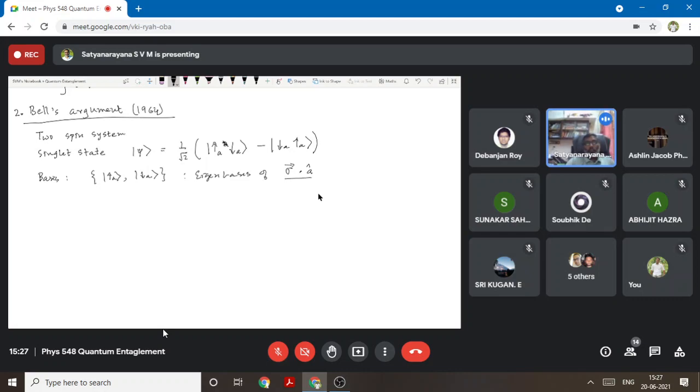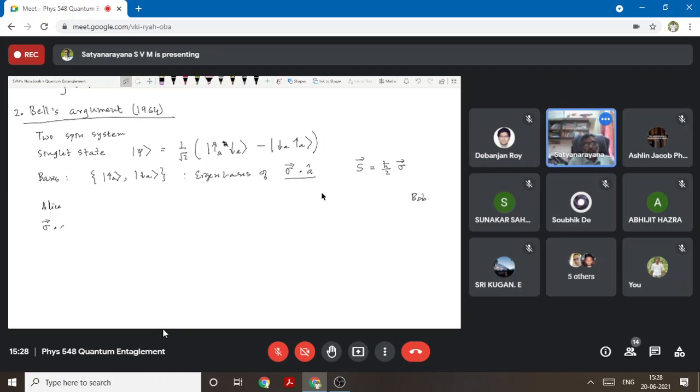I will use sigma, and the connection between S and sigma is S equals H cross by 2 times sigma, so that when you make a measurement, the results are going to be plus or minus 1. The eigenvalues are plus 1 or minus 1. Now let us say we have Alice on this side and Bob on this side.